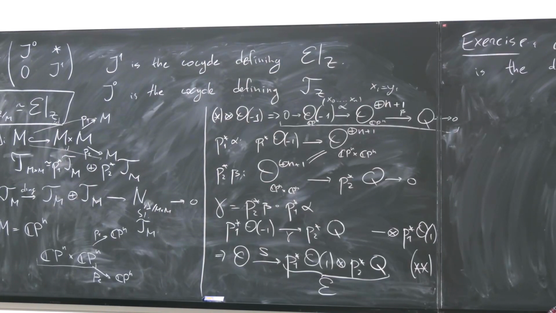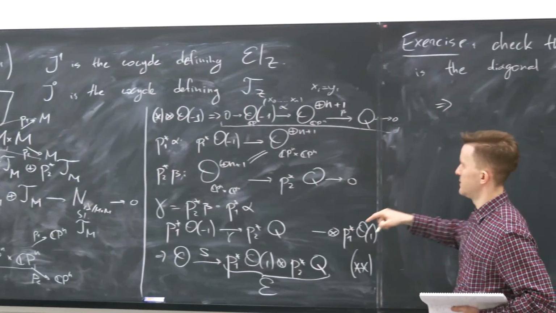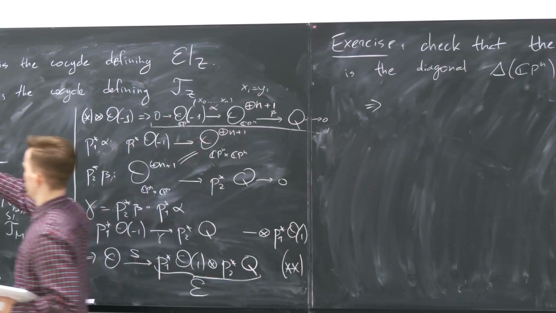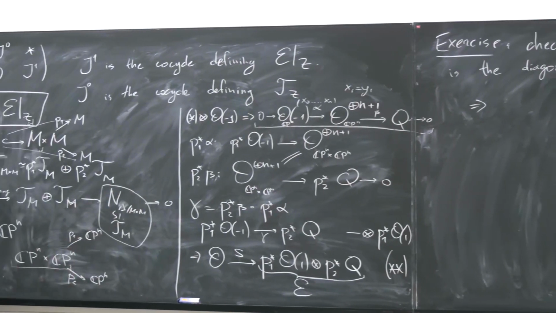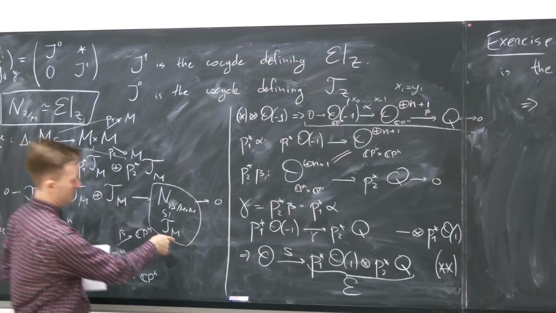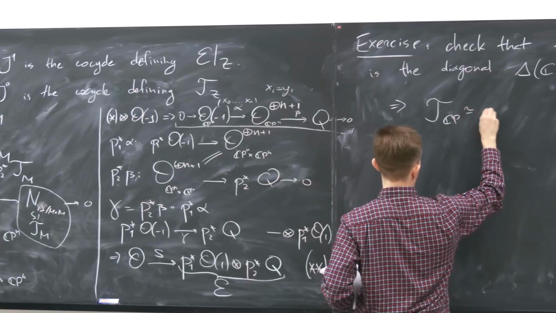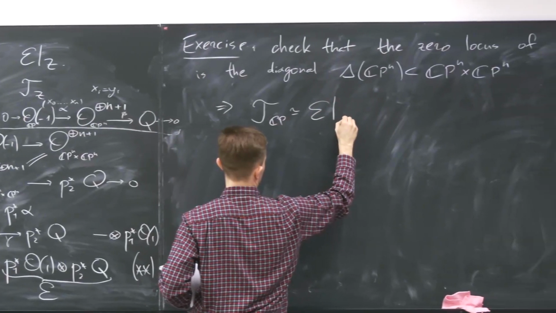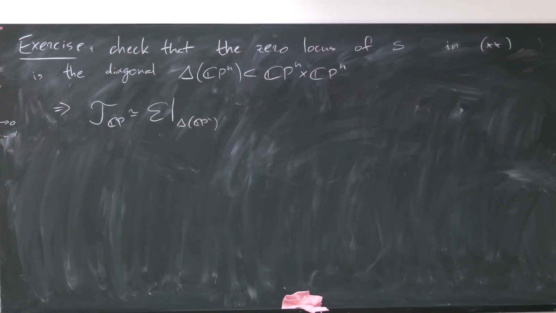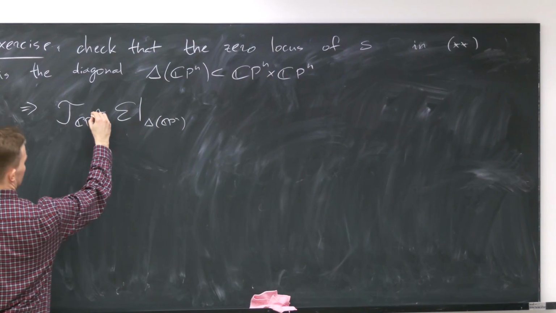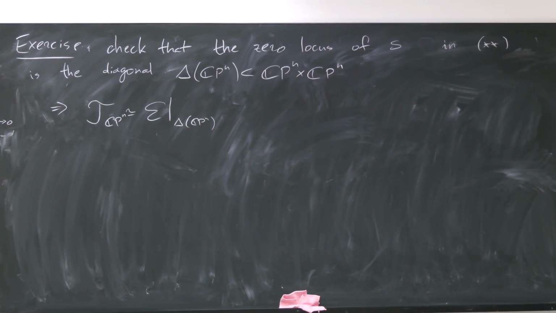Okay, so if I have this, then the conclusion is that now I recall this isomorphism here, and also that we had this isomorphism here. So T_CP^m is now the restriction of this E to the diagonal. And so what will happen if I restrict this E to the diagonal?